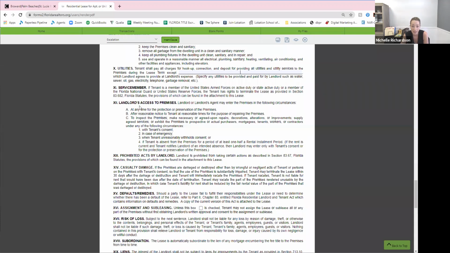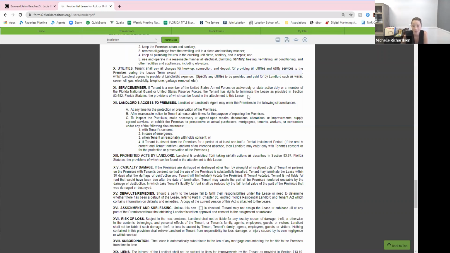Service members: if the tenant is a member of the United States Armed Forces on active duty or state active duty, or a member of the Florida National Guard or United States Reserve Forces, the tenant has the right to terminate the lease as provided in section 83.682, Florida Statutes, the provisions of which can be found in the attachment.